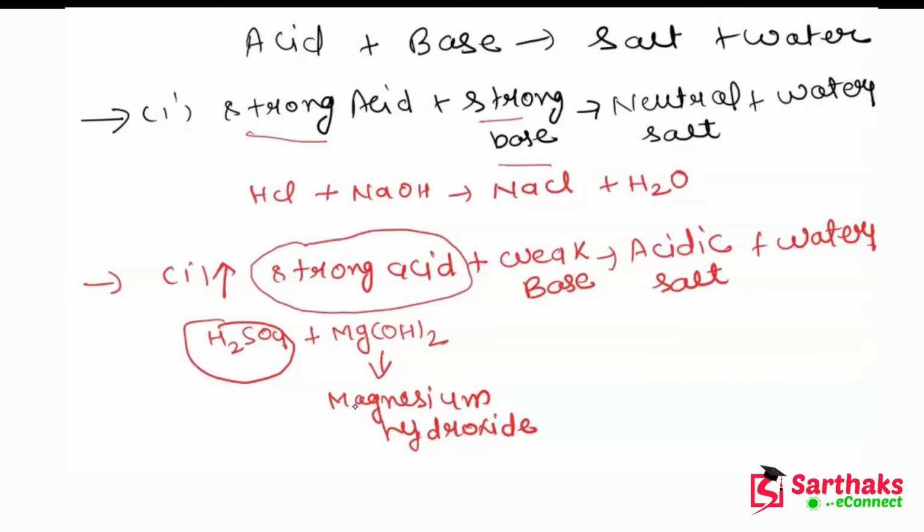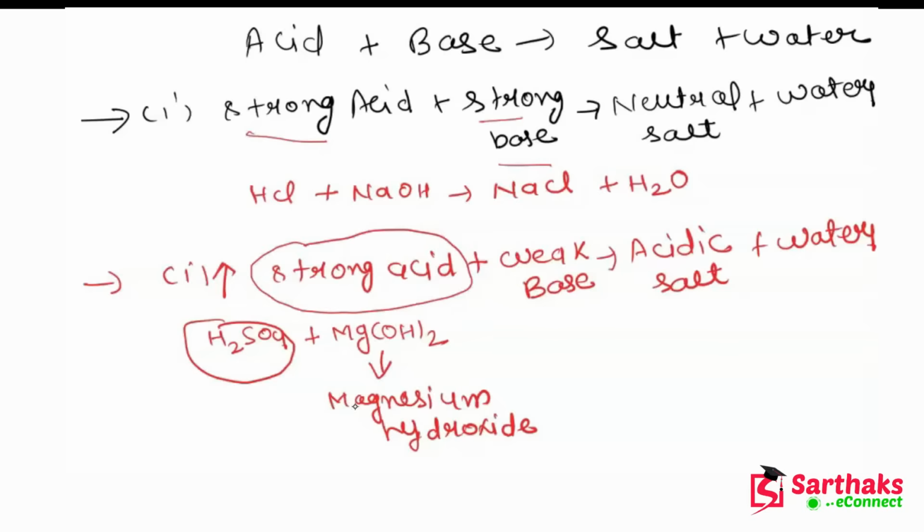When I taught you about acidity, then I told you that to get relief in acidity, we consume this magnesium hydroxide because this is a mild base and it neutralizes the effect of HCl released in our stomach.